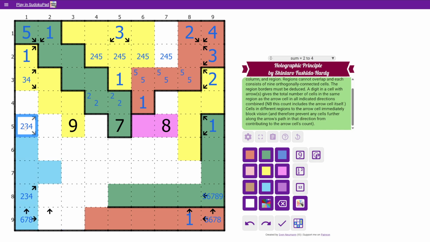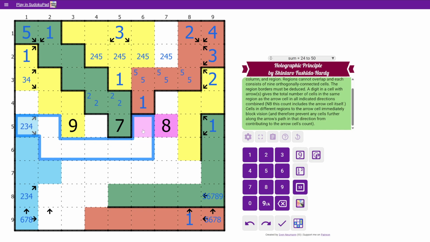So this cannot be part of yellow, therefore it must be part of blue, as if it were, the only other color it could reach would be pink, right? And it would just make 3, 4, 5, 6, 7, 8, 9. It would just make 9, but then yellow, 1, 2, 3, 4, 5, 6, 7, 8, would only have 8 cells over here.